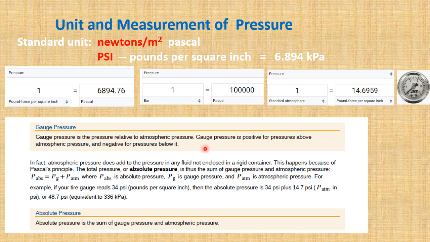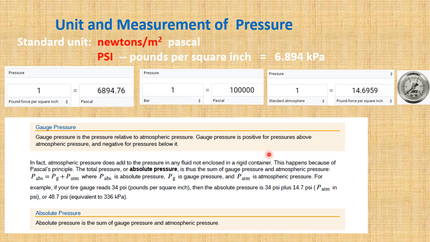If you gauge that pressure, 14.7 psi would be 0 above atmospheric, 15 will be 0.3 above atmospheric pressure, and 20 will be about 6 psi above atmospheric pressure, because the gauge pressure is how much is above atmospheric pressure. Okay, that's called gauge pressure.